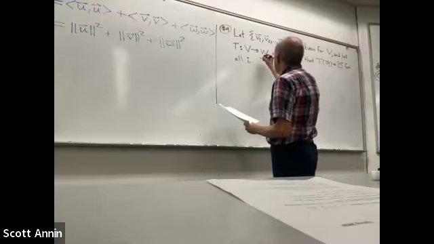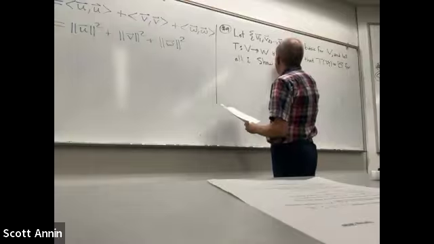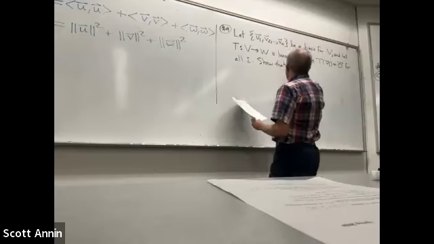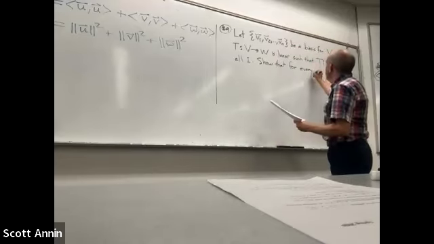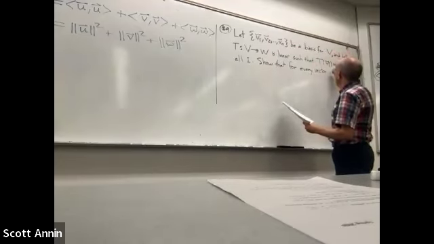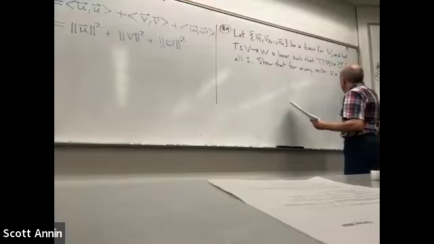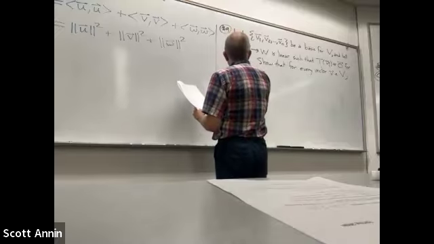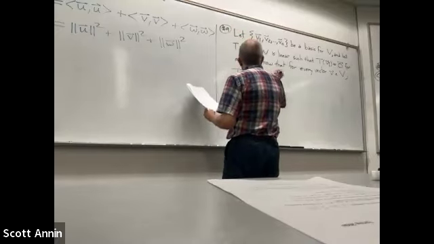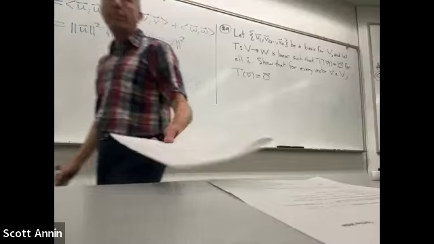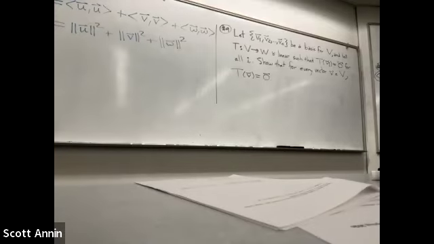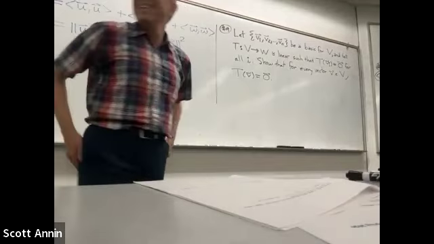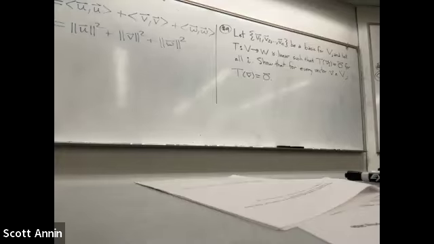Then what I want you to do is show that for every vector v in V, T of v is also 0. Almost takes longer to write the question than it does the answer, as we're going to see.